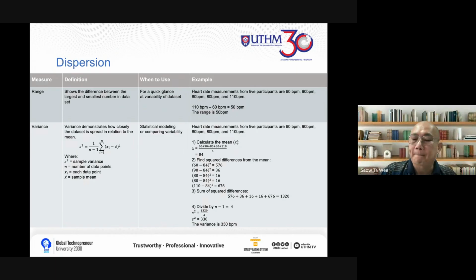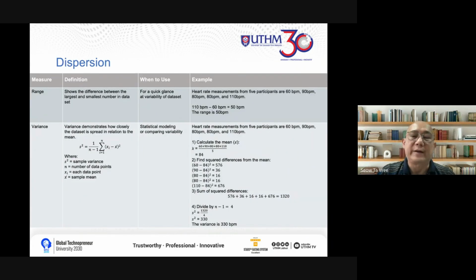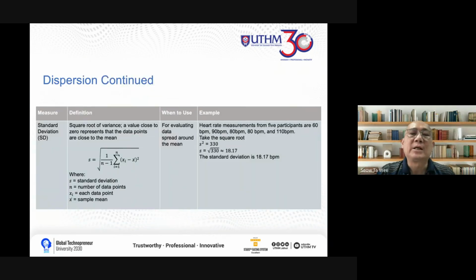The next dispersion measure is the standard deviation. This also appears during data analysis, especially after the mean, where we put the standard deviation or variance. The standard deviation is the square root of the variance.